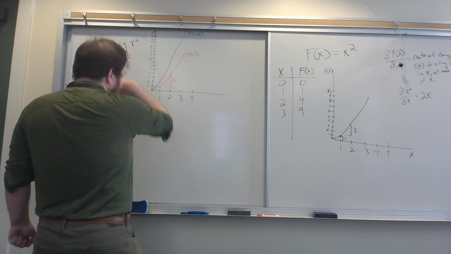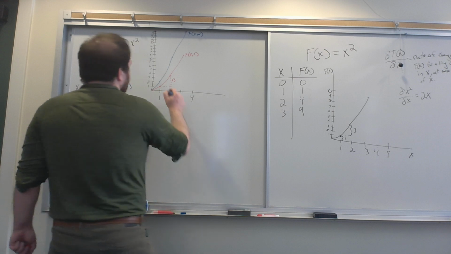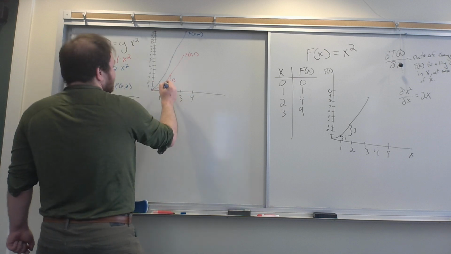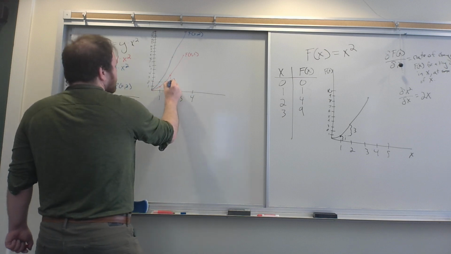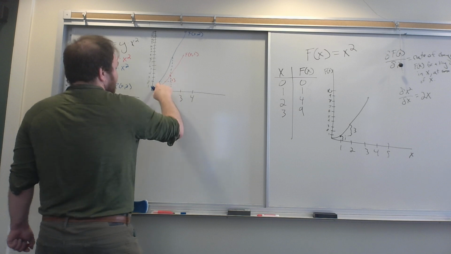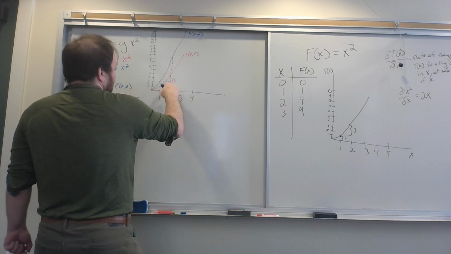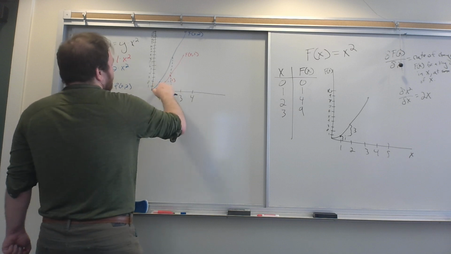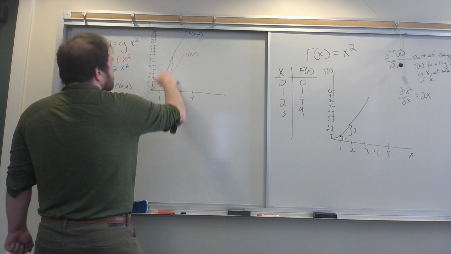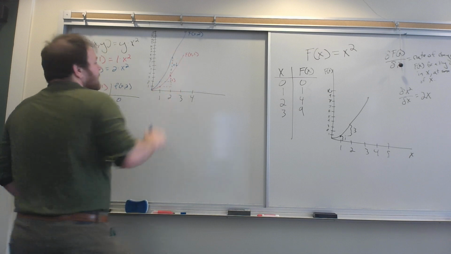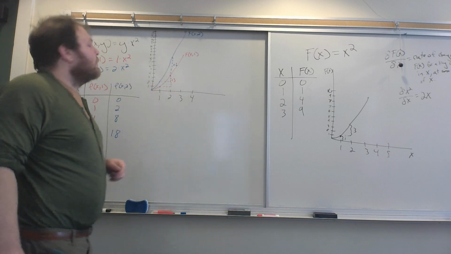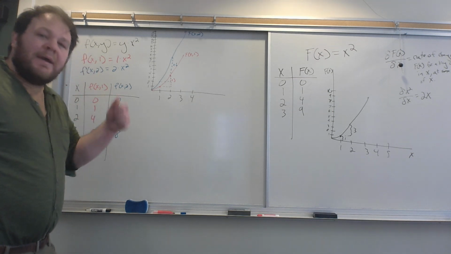F of x is going to go from 1 to 4. But when y has a value of 2, a 1 unit increase in x increases f of x from 2 to 8, so it's going to be plus 6. This makes sense? So we can see that the relationship between x and f of x depends on y.